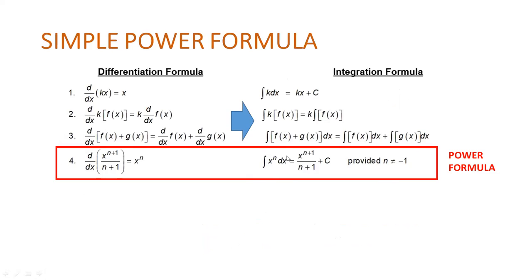What you need to do is just add 1 to the exponent of the x, and whatever the resulting power is, that would be used as your denominator. So you will have a rational answer whenever you use the power rule. It has one exception, when n is negative 1. We call this the very basic power formula.